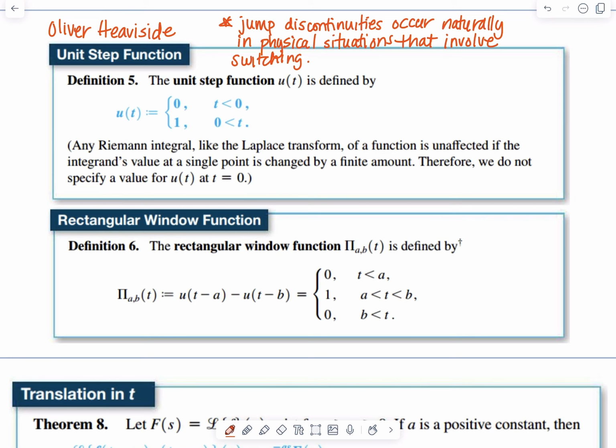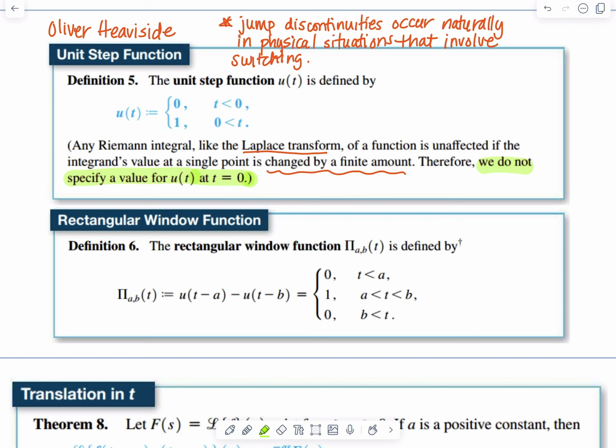Any Riemann integral, just like the Laplace transform of a function, is unaffected if the integrand's value at a single point is changed by a finite amount. Therefore, we don't need to specify a value for u of t at t equal to 0.